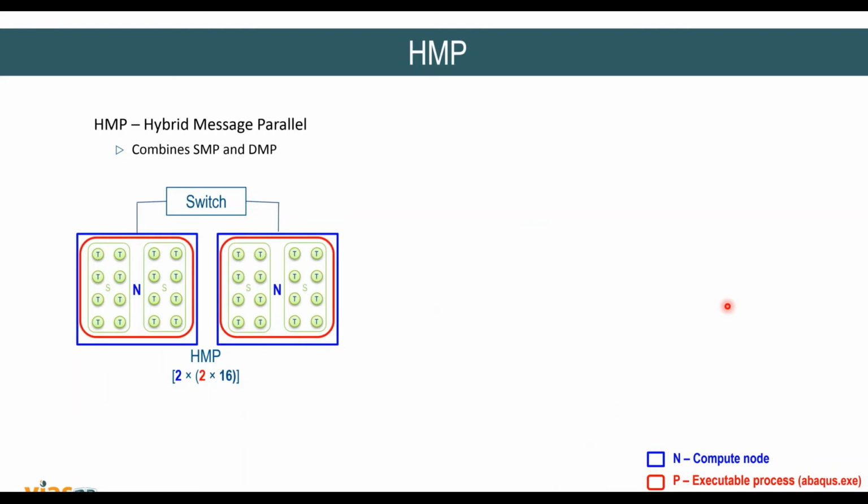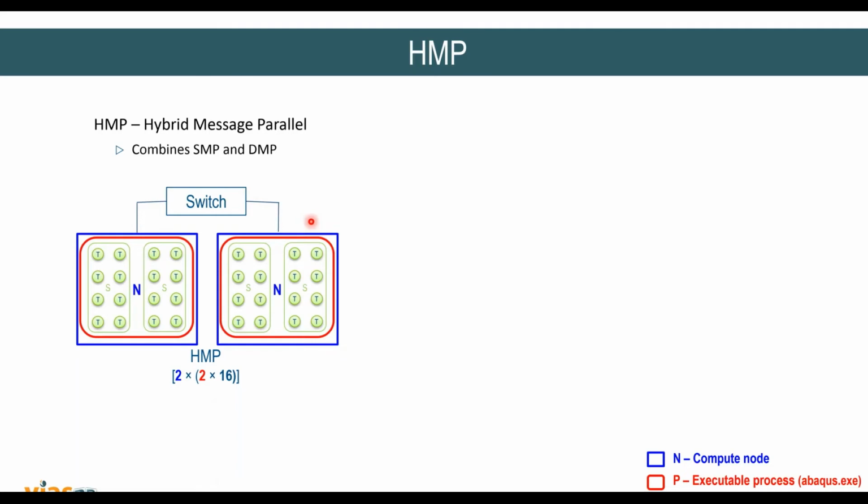There's another in-between configuration we call hybrid message passing. Here you have one processor with shared memory, which is SMP, but if you add another node, the data exchange happens with MPI.